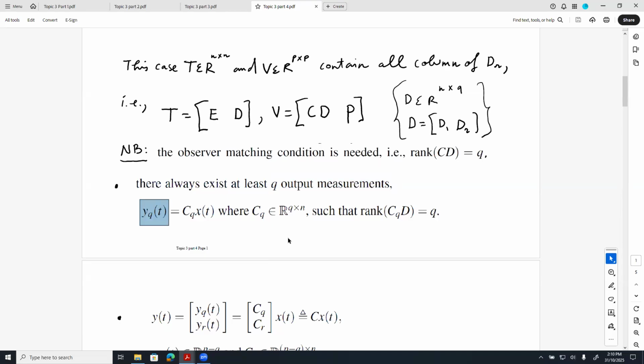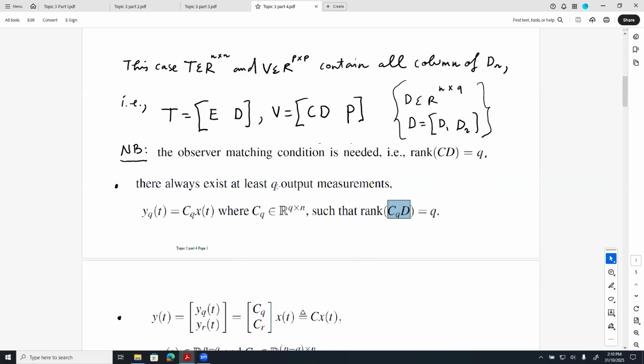YQ of t is an output measurement vector that contains Q output measurements, and matrix CQ here is of full rank, equal to Q. And then when we take CQ times D, that gives us a full rank matrix. So in other words, CQD is an invertible matrix.